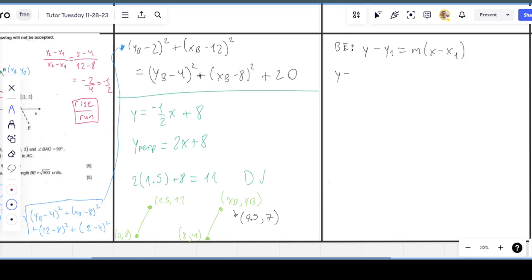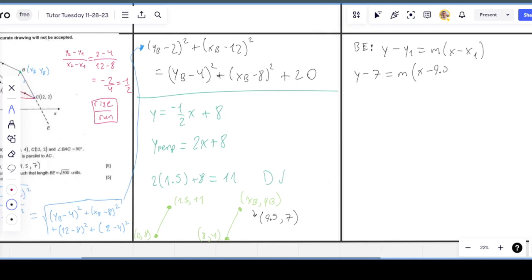Y minus, well, y1 we could substitute 7. Slope we'll keep as m, and then x minus x1 at 9.5, let's call it. Or actually, I like the other numbers better. That's nicer. Y minus 2 is equal to m times x minus 12. The slope we can calculate.